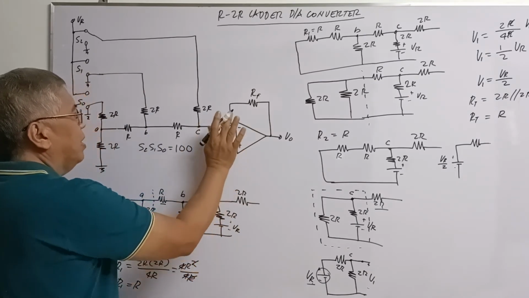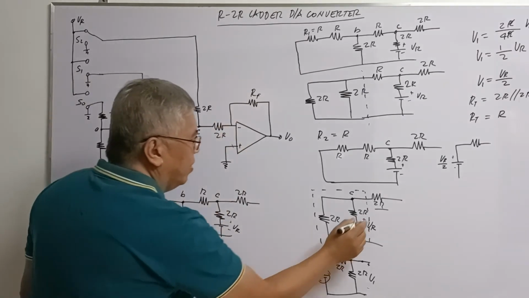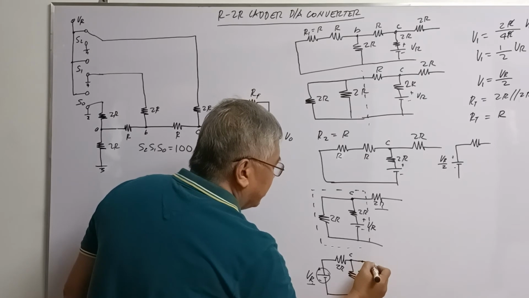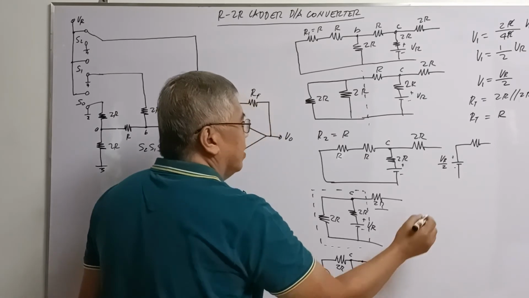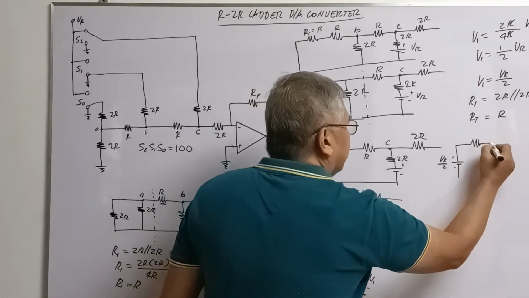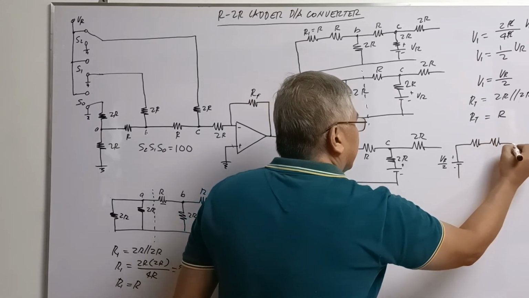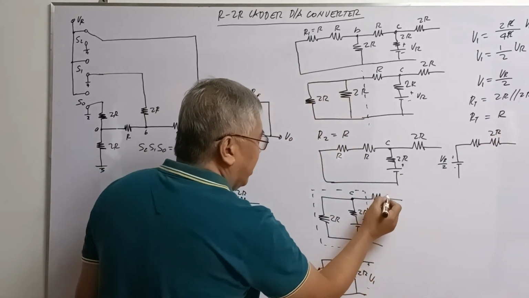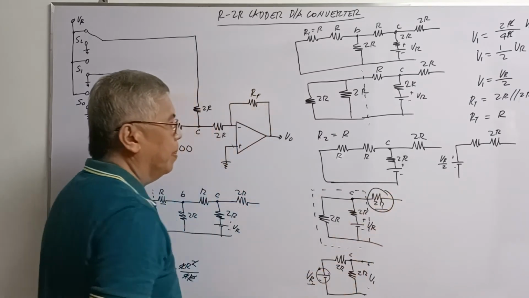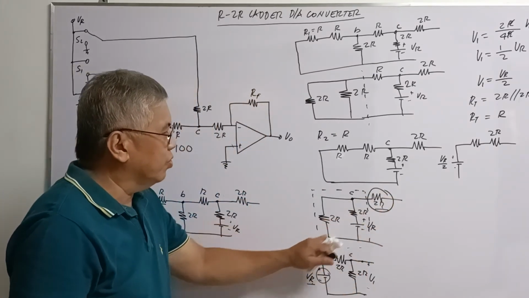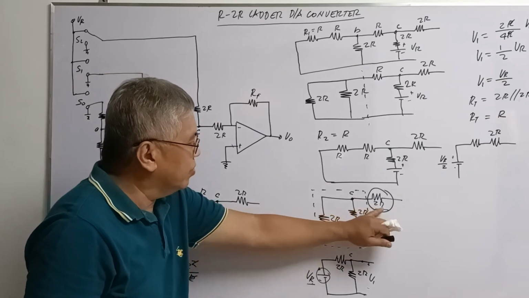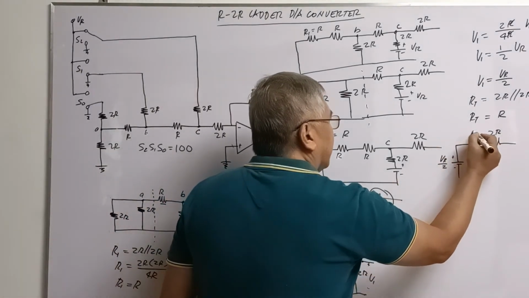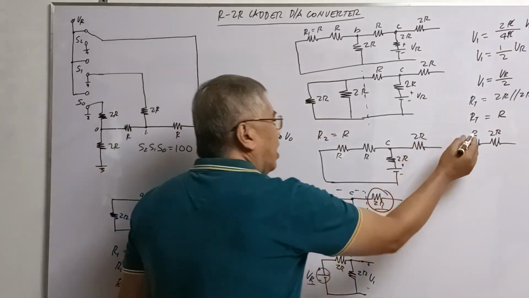Okay? Earlier, this was not included. So, we will now include it here. We add it here, which is this one. So, you will have 2R. Earlier, we had not included this. Okay? So, we get the total resistance. So, add it now to the 2R. So, this one here, the total resistance RT is R.